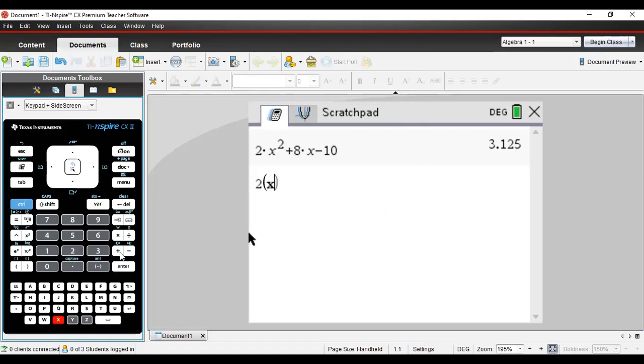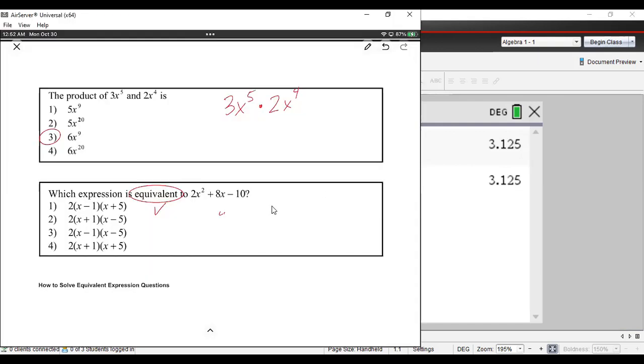So you got to make sure you key it in exactly like you see it. Don't change anything. Make it look just like the question, the answer choices. Press enter, and they match. So because they match, because they are equivalent, then I know that this one is the one that's equivalent, and I'm done.